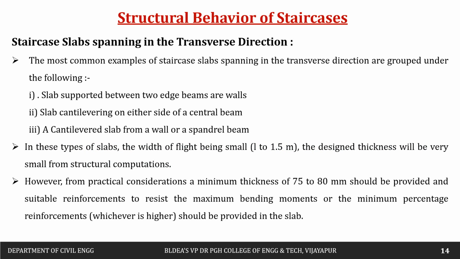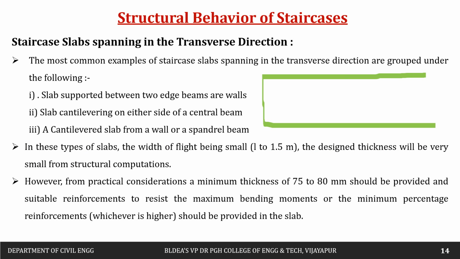So here we have seen two things. For example, if I am going to draw the staircase somewhat here, if you consider this as one of the flights, this is the landing, and these are the treads. Then here we have seen two cases.